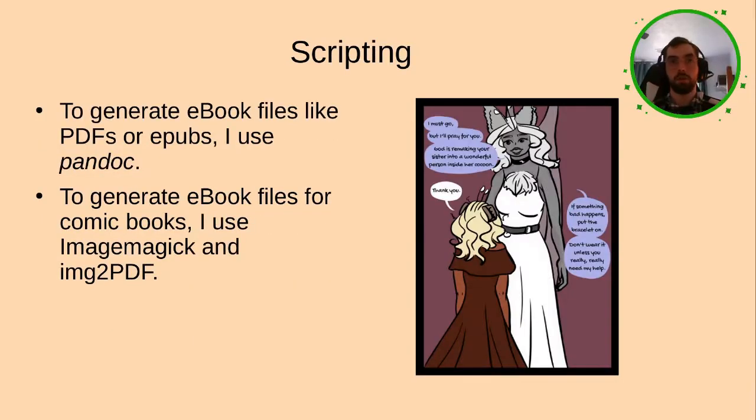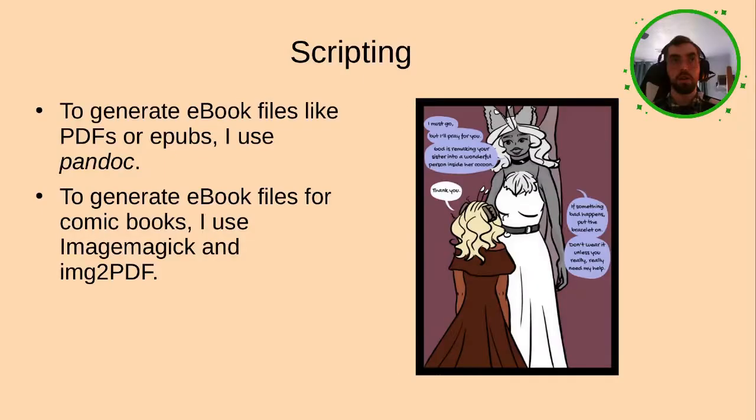And on the right now you can see what that same frame looks like with speech bubbles. To generate ebook files like PDFs or EPUBs, I use Pandoc, which is like a Swiss Army knife for converting from one markup language to an output in another language.